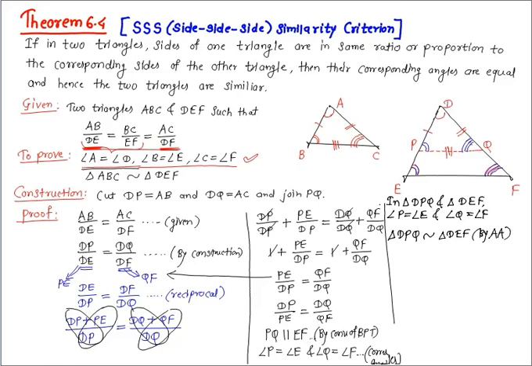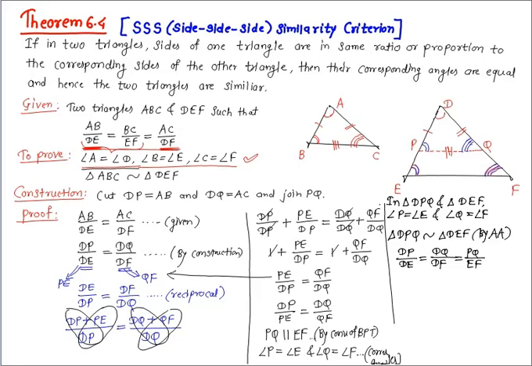And now since both the triangles DPQ and DEF are similar, we can write the ratio of the corresponding sides equal. So DP by DE is equal to DQ by DF is equal to PQ by EF.